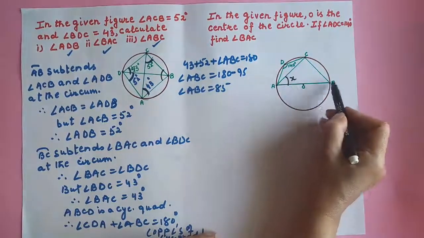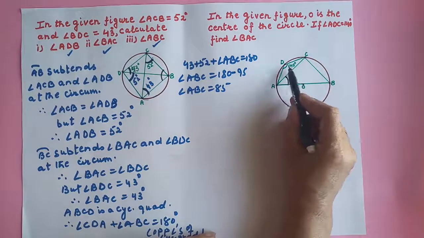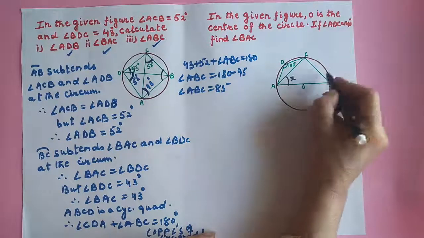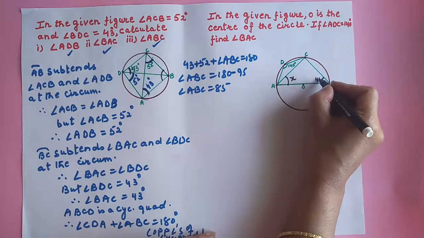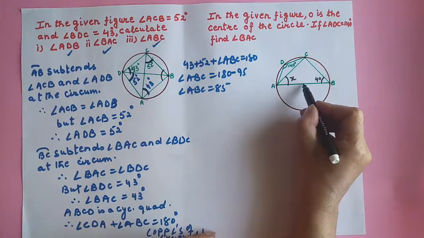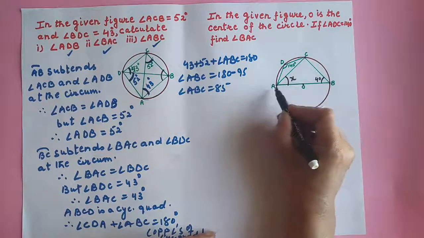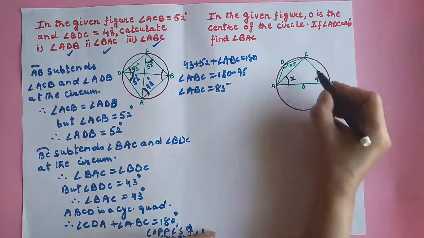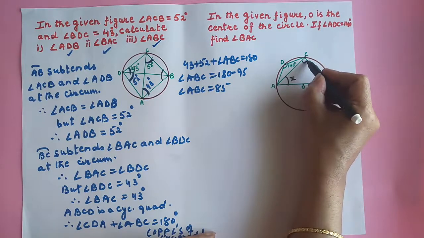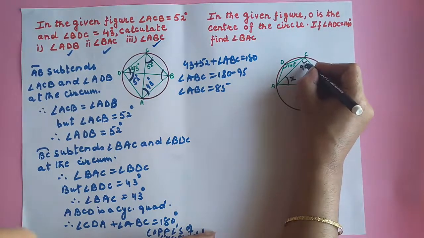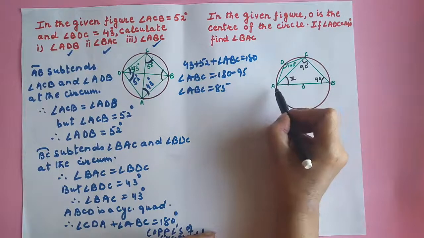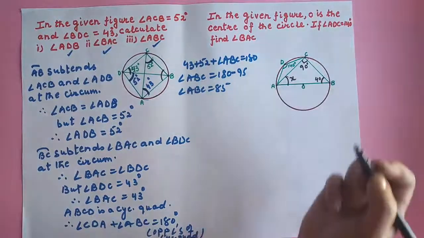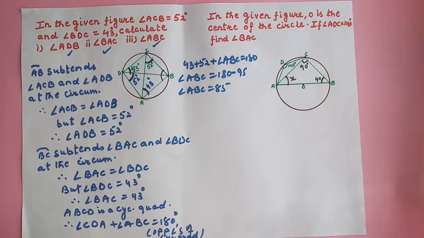So, angle D plus angle B will be 180 because opposite angles of the cyclic quadrilateral are supplementary. So, if this is 140, this will be 40.